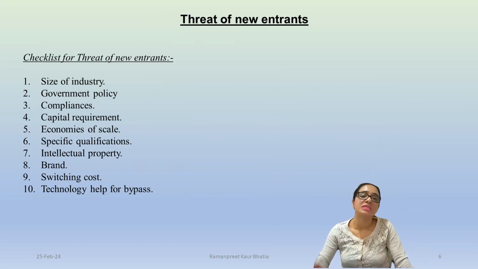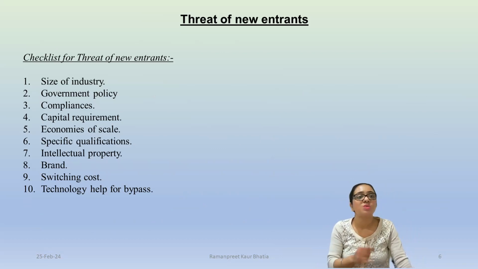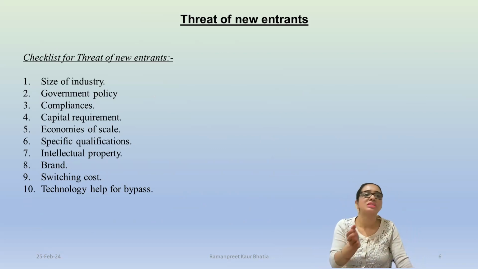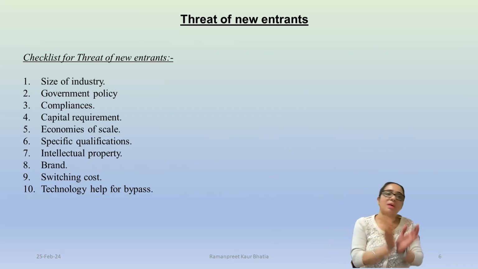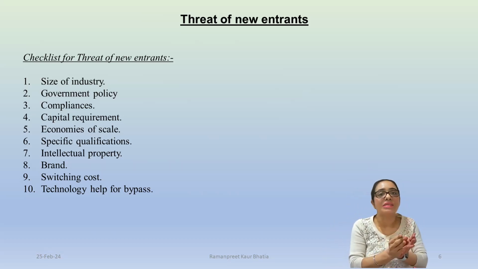This is basically a summarization of all those points which we just now discussed: size of industry, government policy, compliances, capital requirement, economies of scale, specific qualifications, intellectual property, brand, switching costs, technology, help for buyers. Right. So this is basically a summarization of threat of new entrants analysis factors.